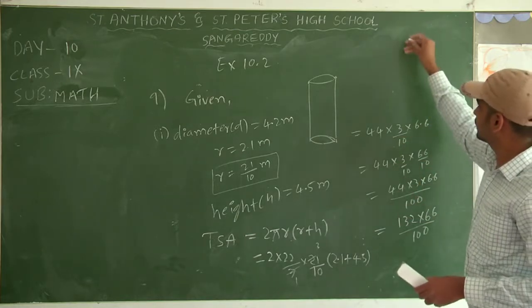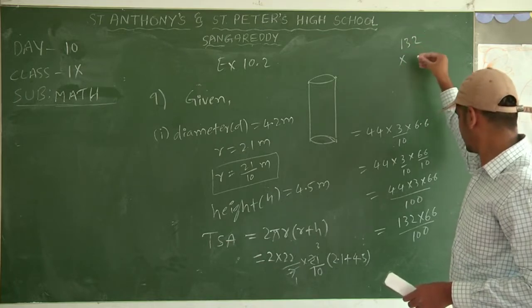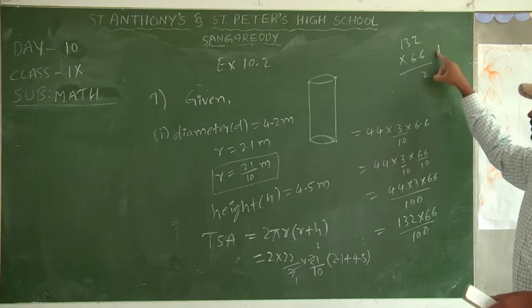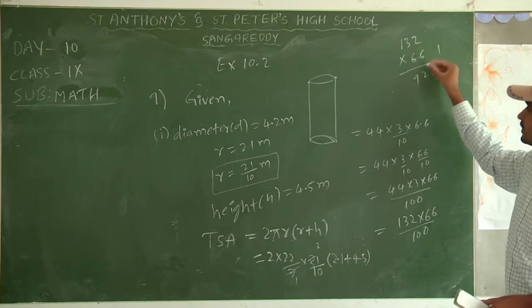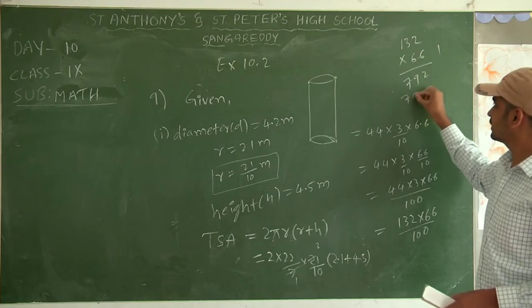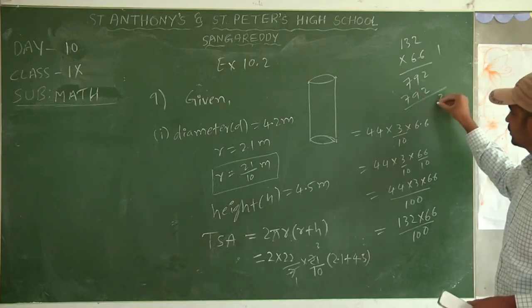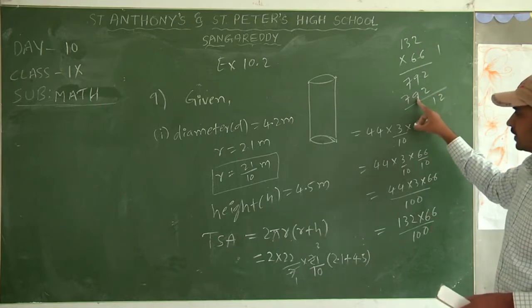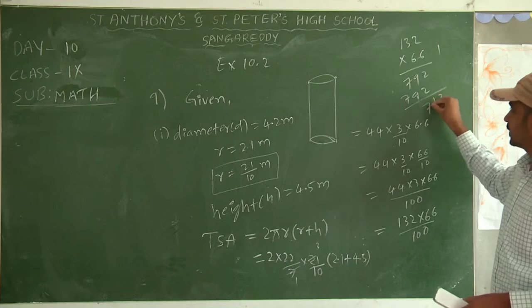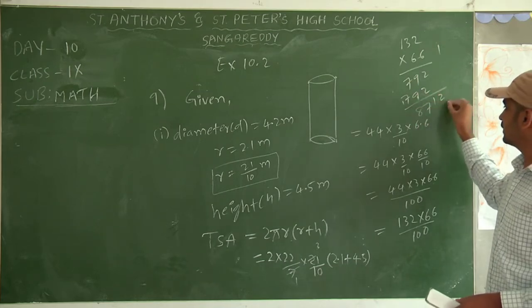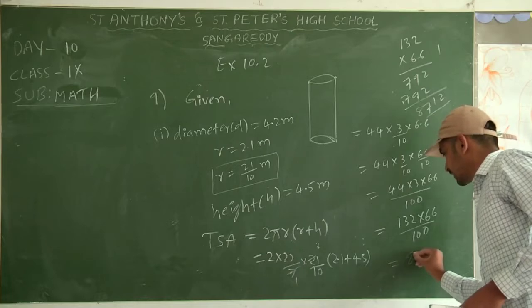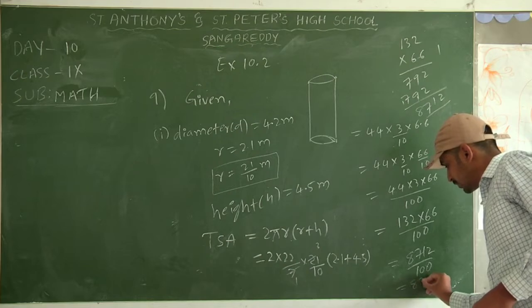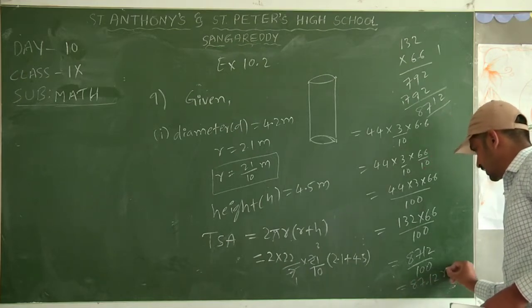So 132 into 66 is 8712. So that is 8712 by 100, otherwise 87.12 meters square.